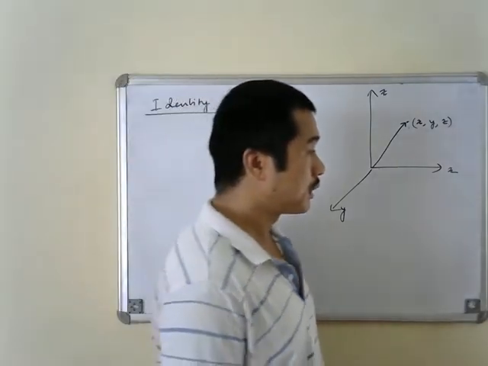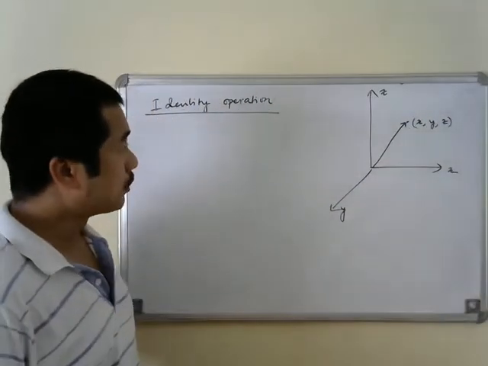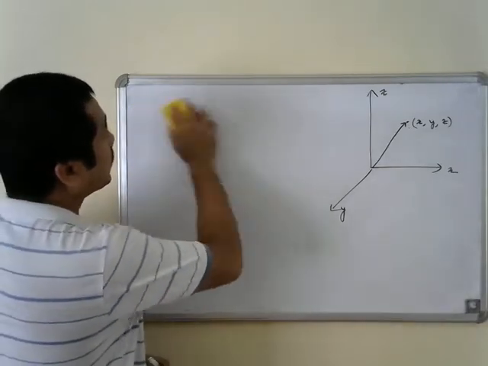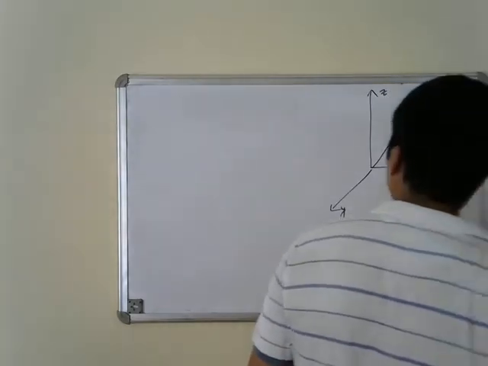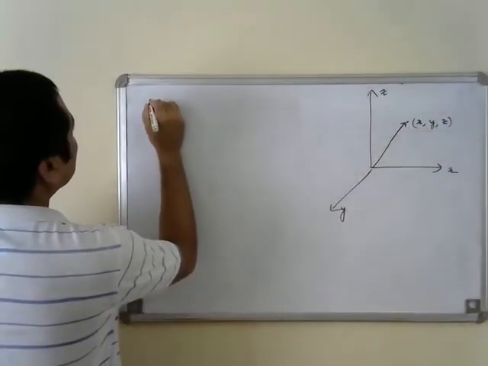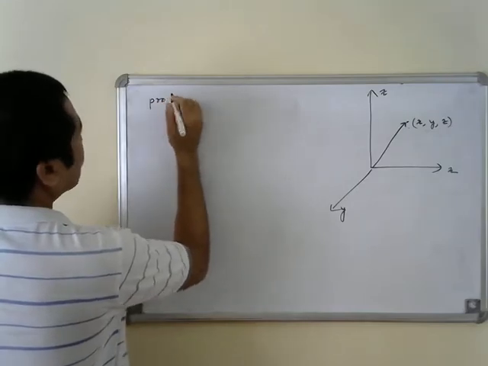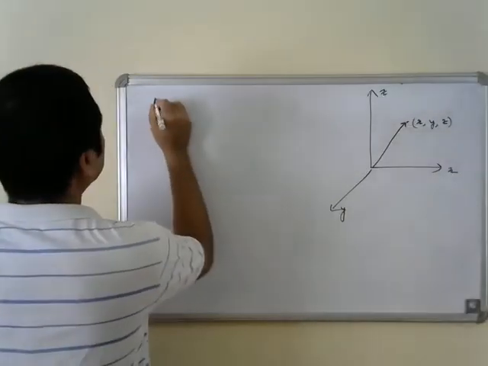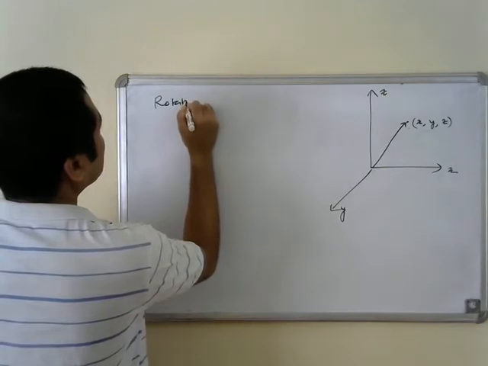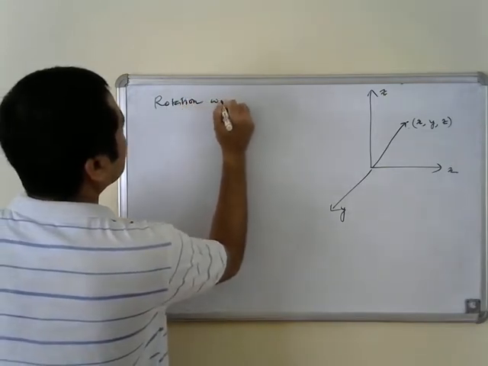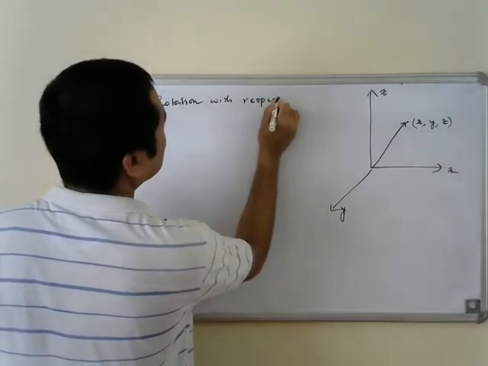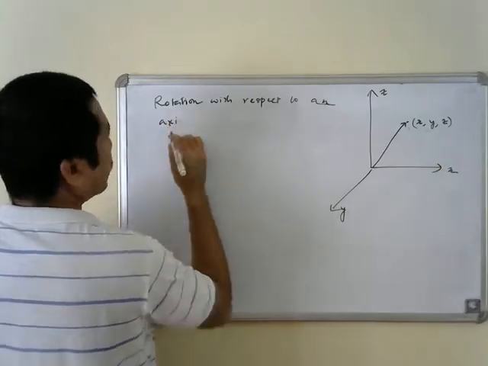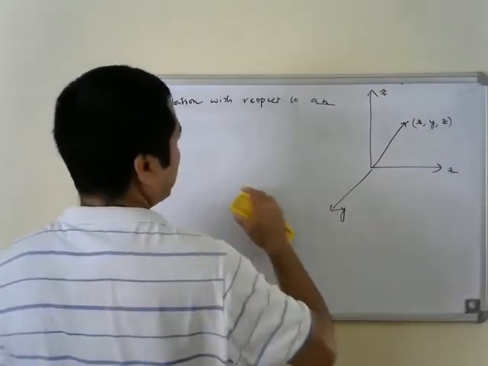So the next symmetry operation for which we will try to identify the matrix representation is the rotation with respect to a proper axis of symmetry.